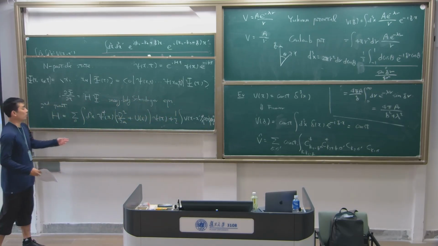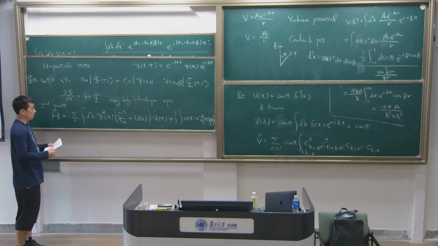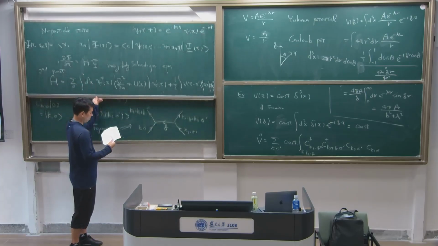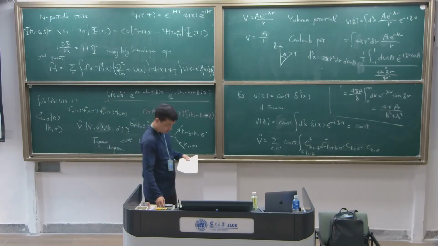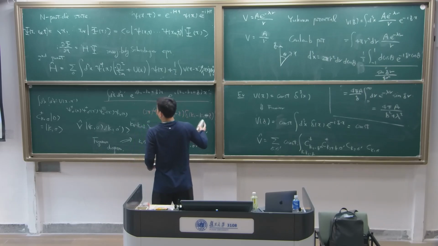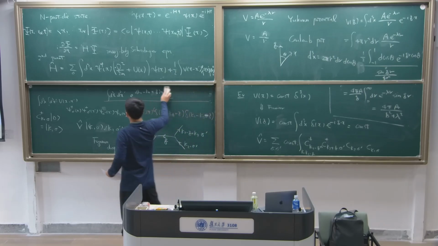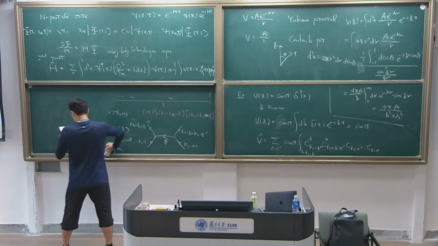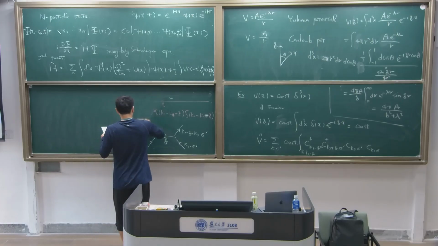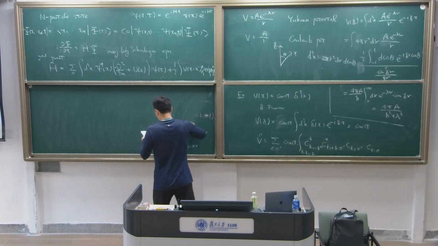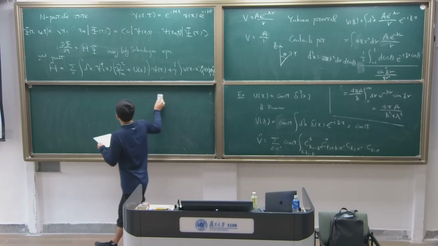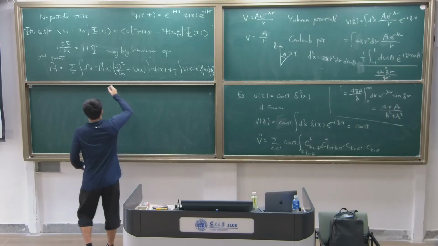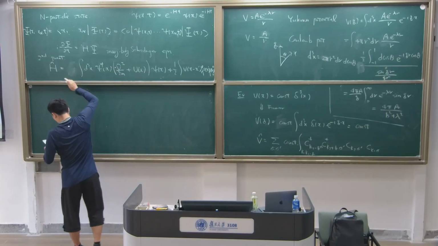So that's the Hamiltonian, and this is an operator. Now we treat everything as an operator, in the Heisenberg picture. Sorry, I think I should put the sigma here.